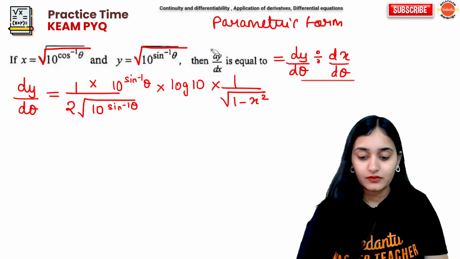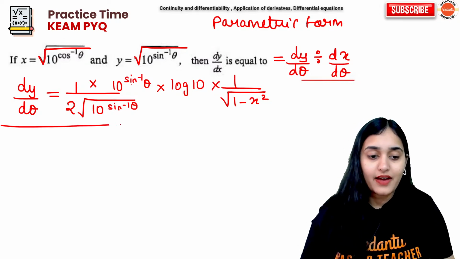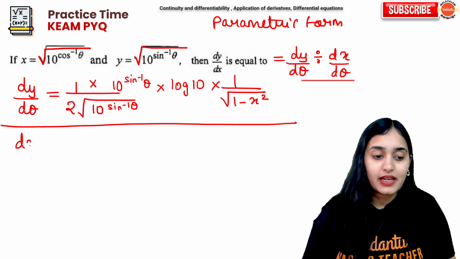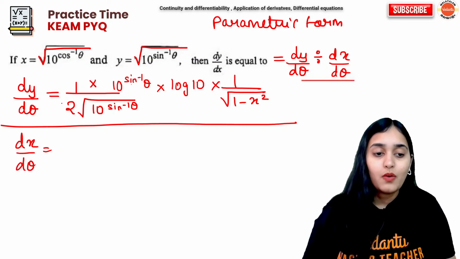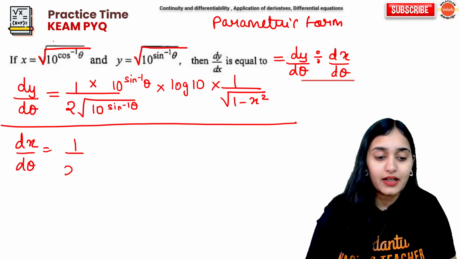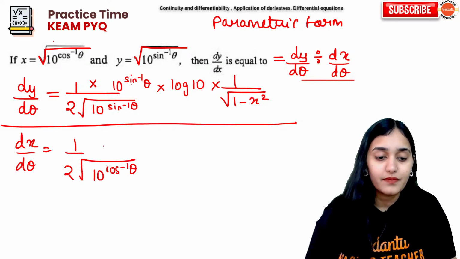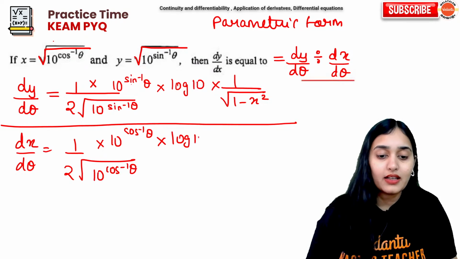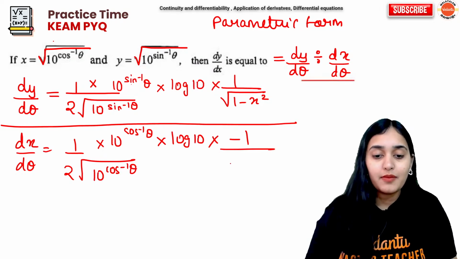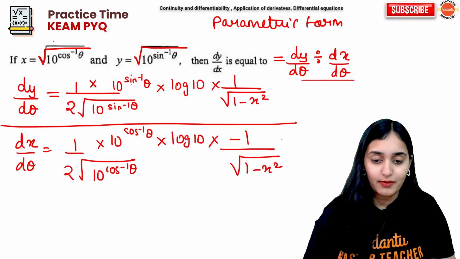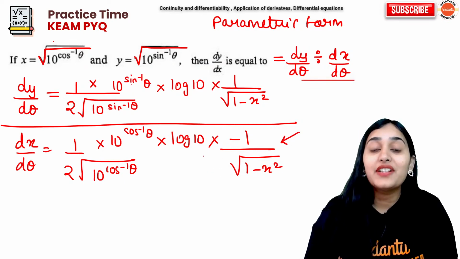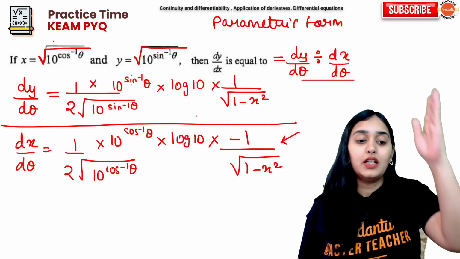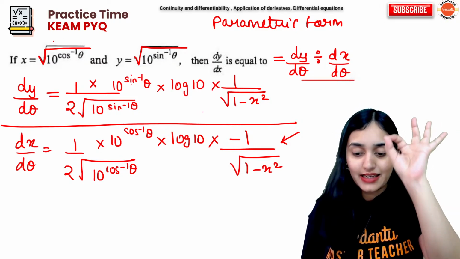Now this is divided by dx by d theta. What is dx by d theta? 1 by 2 root over 10 to the power cos inverse theta into 10 to the power cos inverse theta into log 10 into minus 1 upon root over 1 minus x square, because this is cos inverse theta differentiation. Now see if anything is getting cancelled.